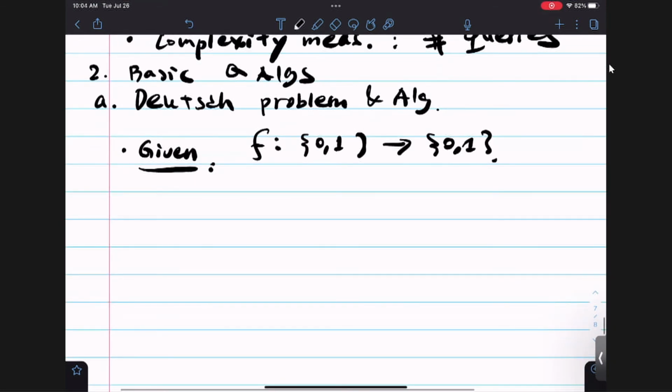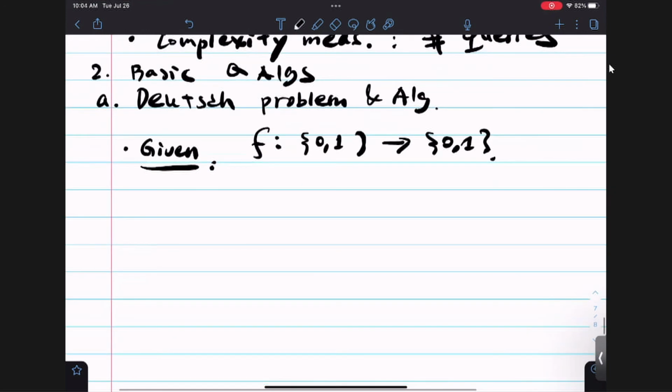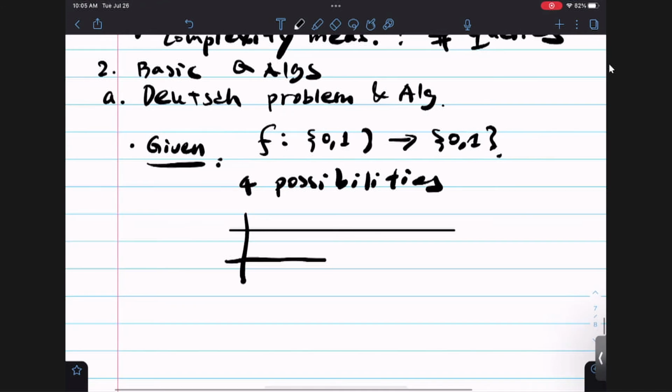For such a function, there are only 4 possibilities. I can actually exhaust the truth table here. 4 possible functions.